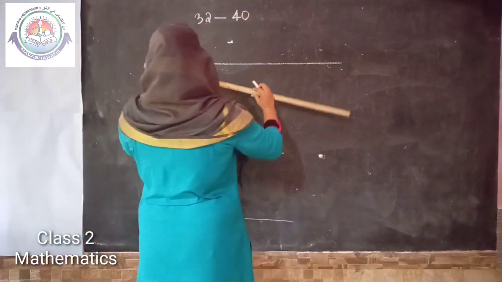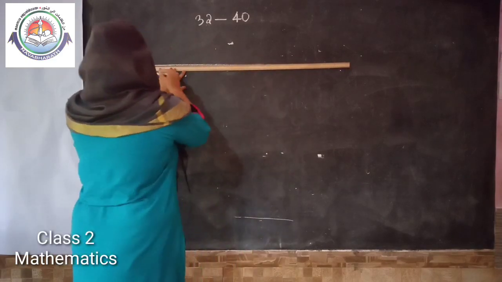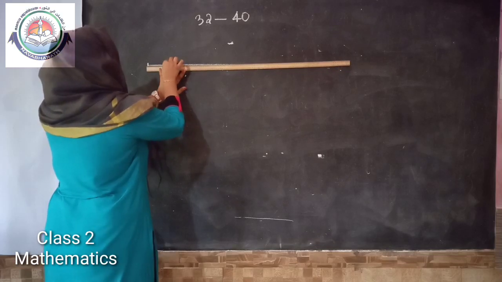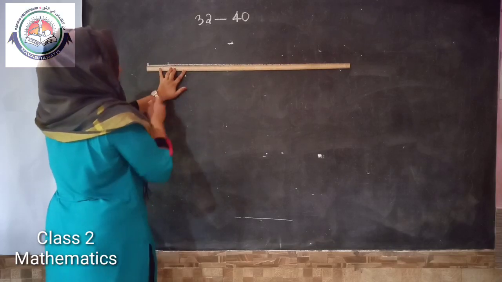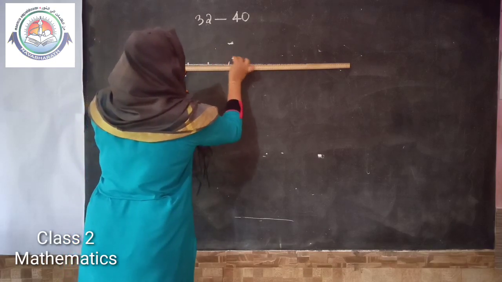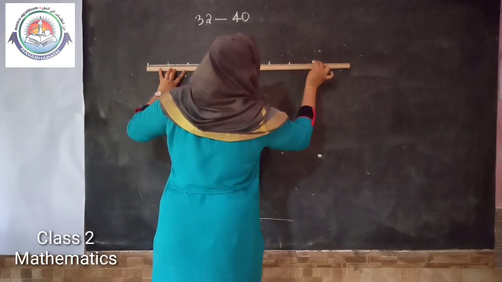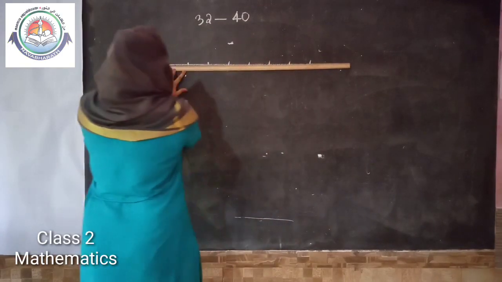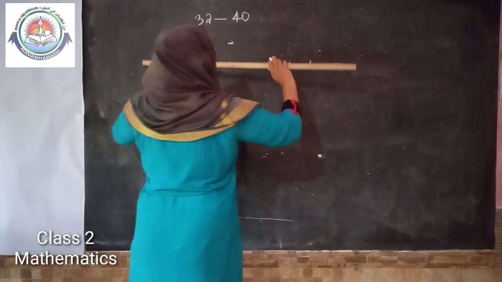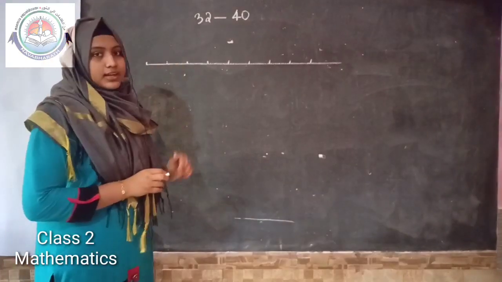Here I am starting from number 0 and then 10, then 20, 30, 40, 50 and 60, 70, 80. Here 1, 2, 3, 4, 5, 6, 7, 8, 9. So I need only 9 numbers to mark in this number line.